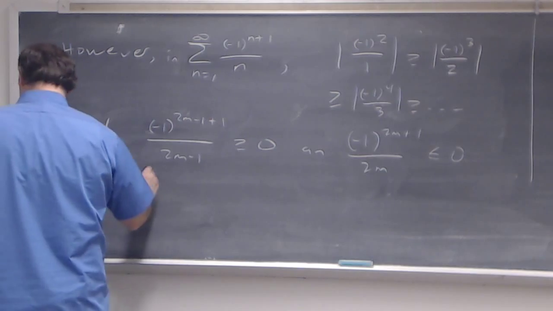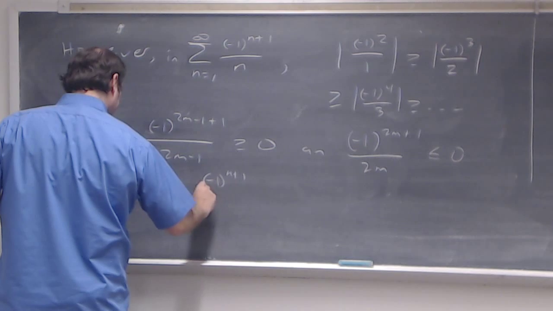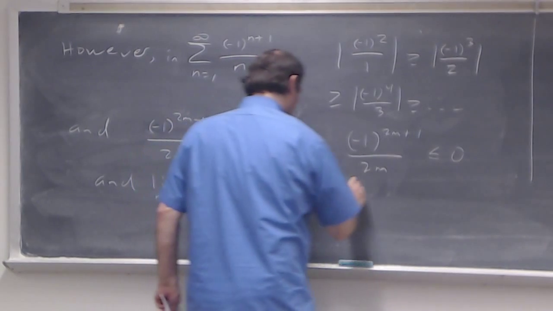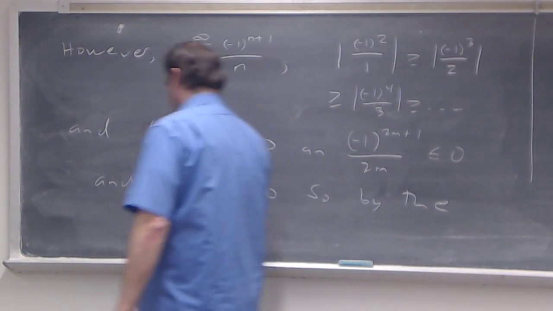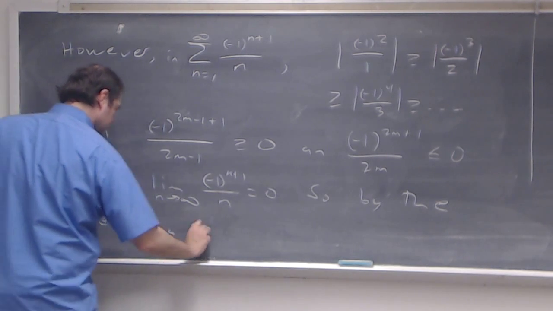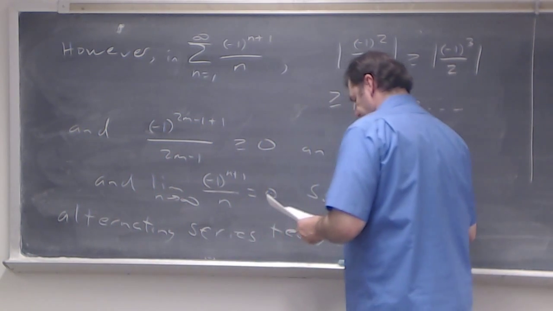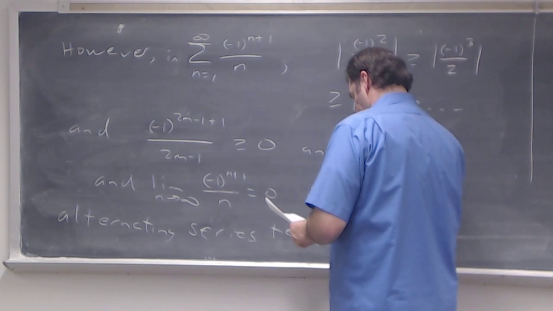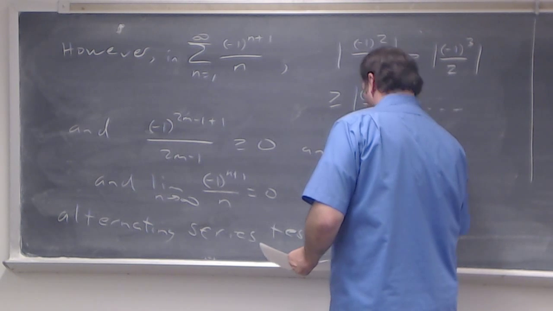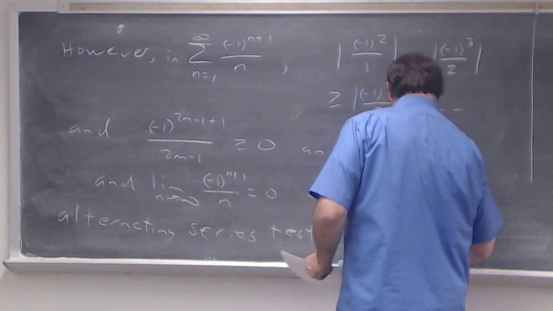And the limit as n goes to infinity of (-1)^(n+1) over n is going to be equal to 0. So, by the alternating series test, that tells us that the series (-1)^(n+1) over n, as n runs from 1 to infinity, converges.